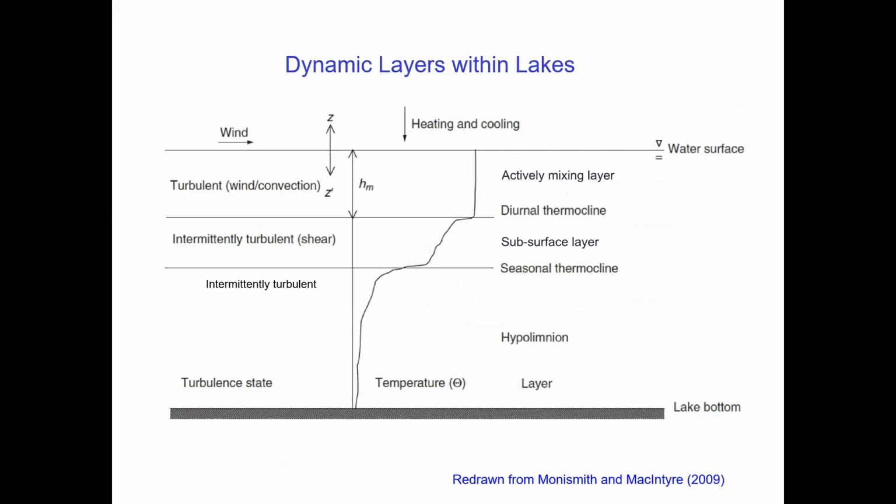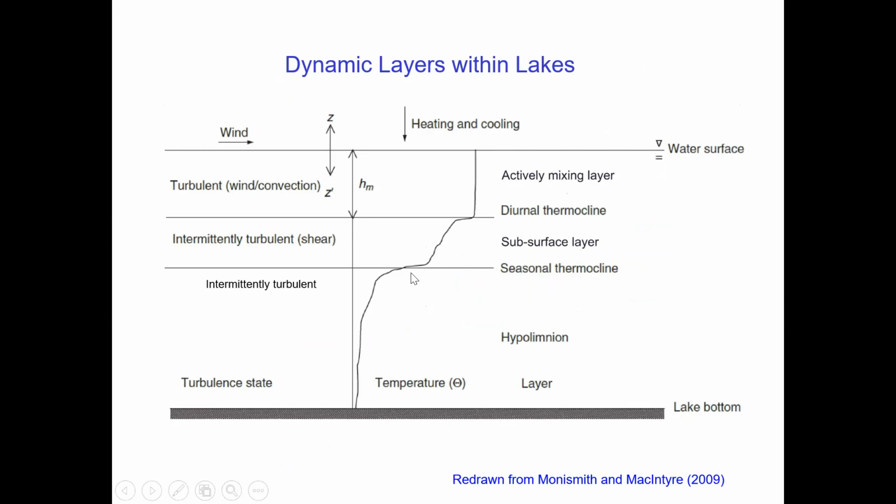Okay, now you've already heard me say, probably, epilimnion or upper mixed layer, thermocline, hypolimnion. As we've had more advanced instrumentation, we're in a position to really see the sublayers, especially within the upper mixed layer.